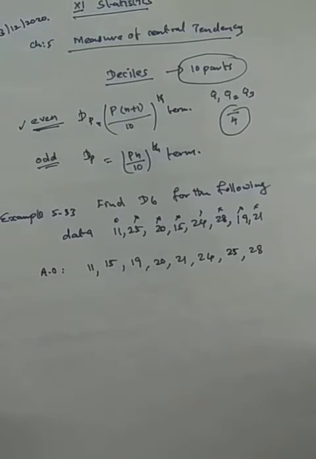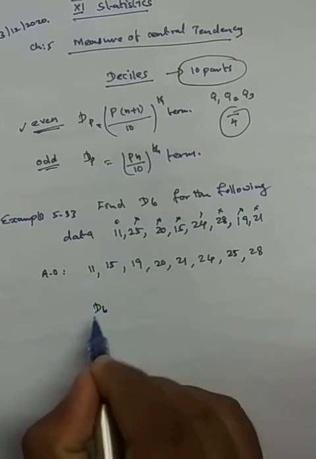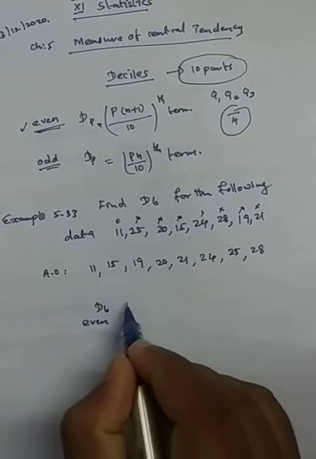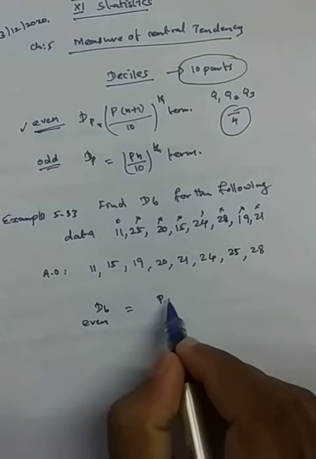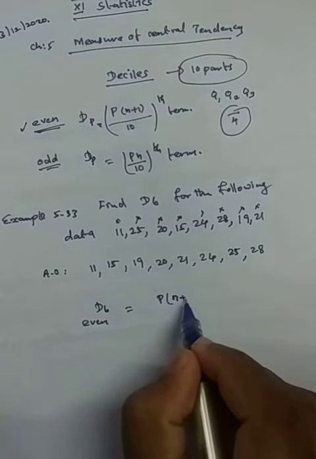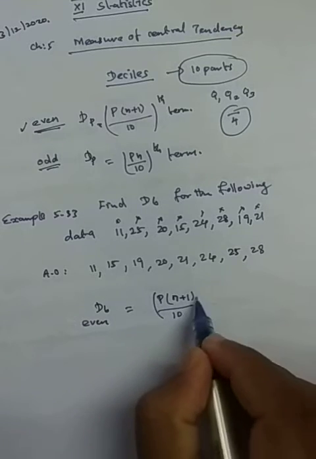Now we find D6. It's even, so we use the formula p into (n plus 1) by 10th term.